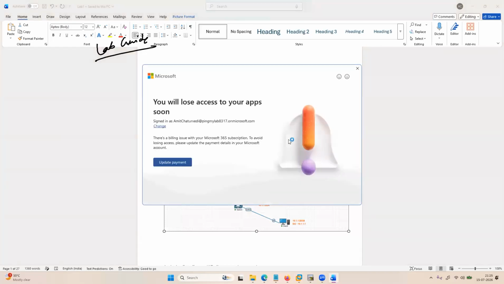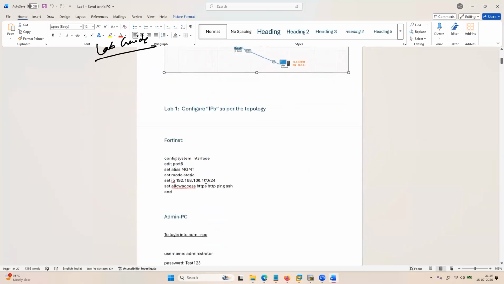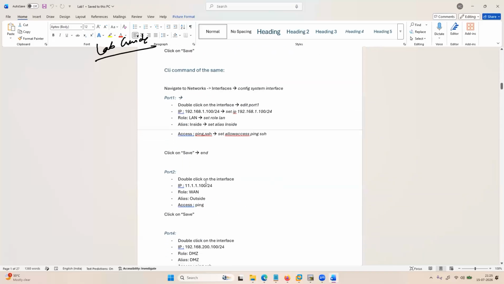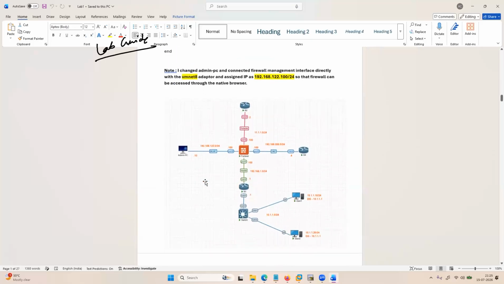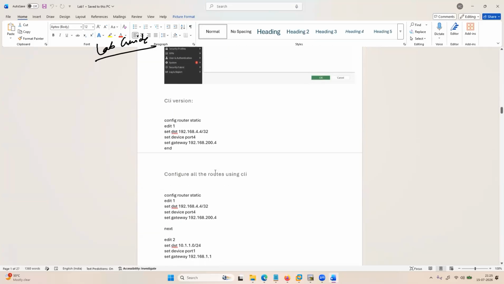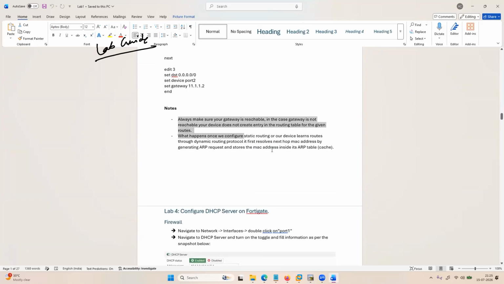All the things are written here step by step with GUI screenshots as well, where required: how you will configure, how it looks. Everything is here step by step. You do not need to make your own notes, as they are already written by your trainer.